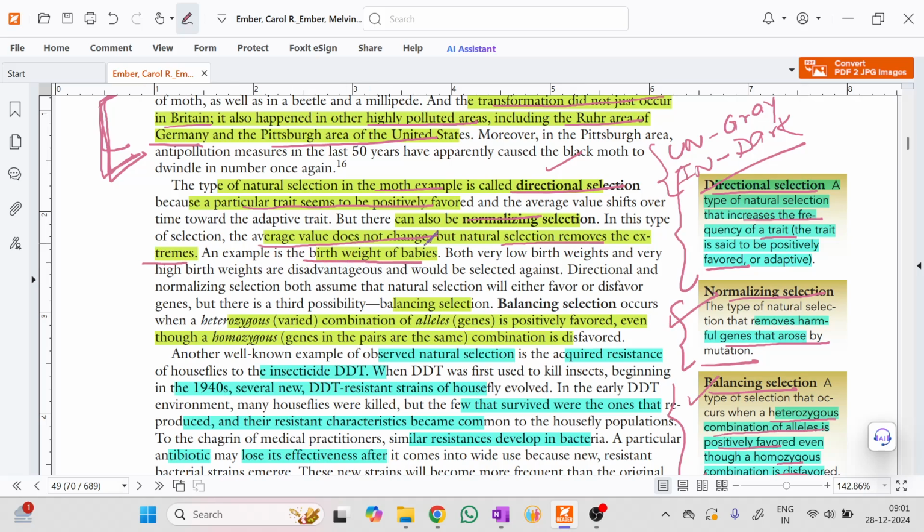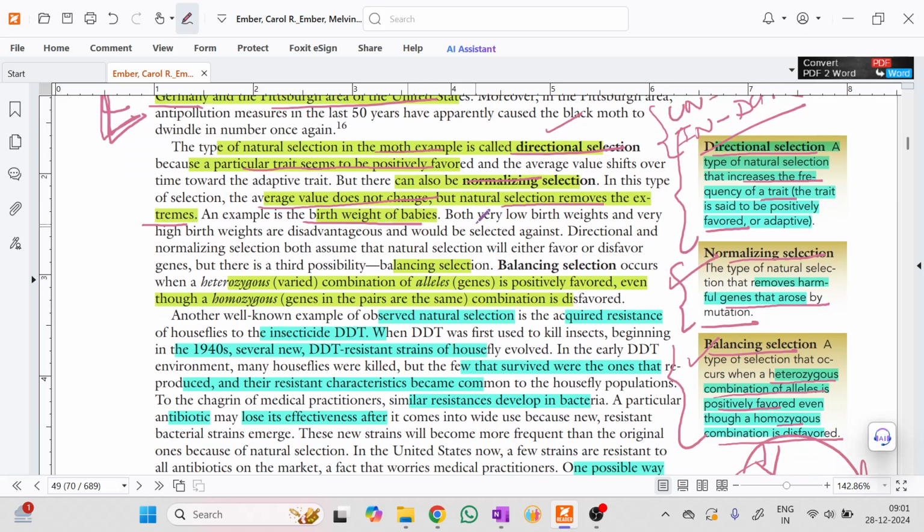An example of this is the birth weight of babies. The extremes, both very low birth weight and very high birth weight, are disadvantageous and will be selected against.